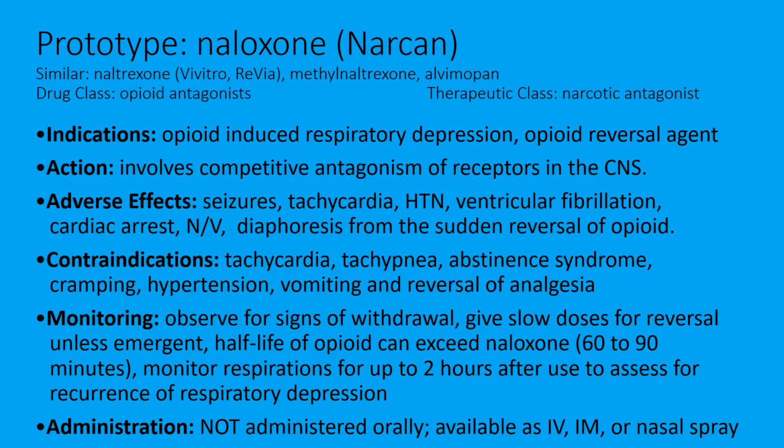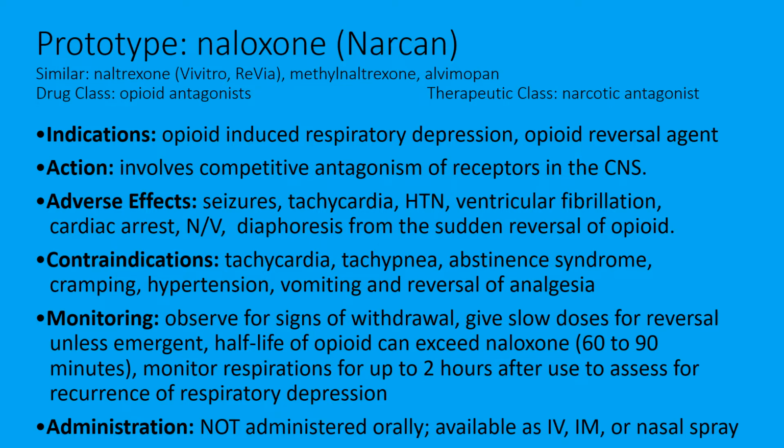Okay? So when we give someone naloxone intravenously, we may need to be prepared to give them something as a sedative if they get too much naloxone because they'll be very agitated. Okay, so sometimes we may have to give them a benzodiazepine later once they've been reversed and they're waking up.